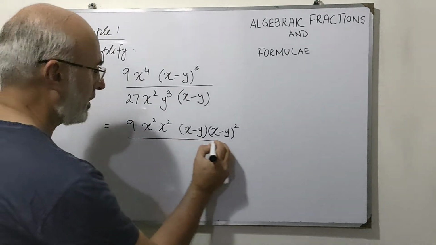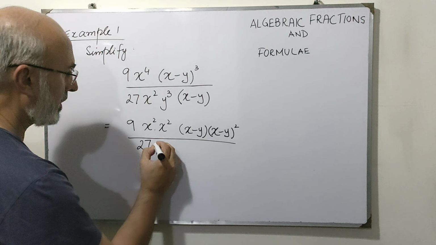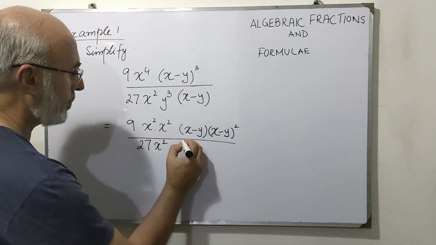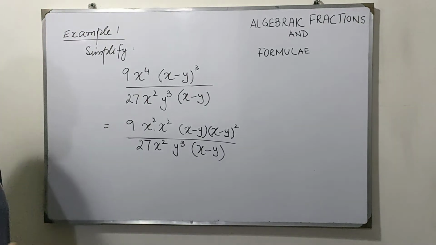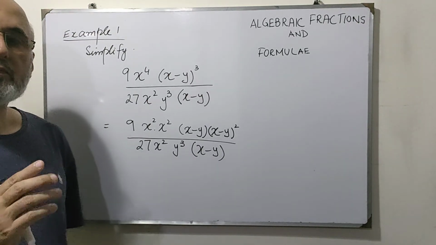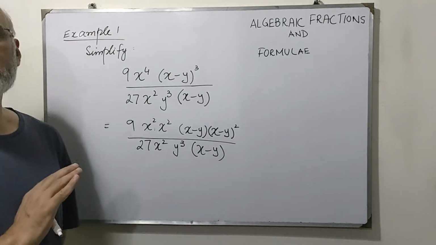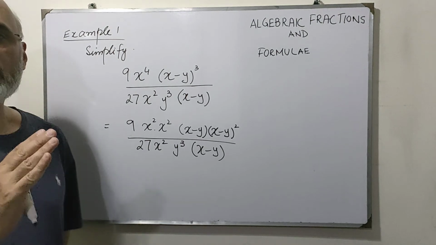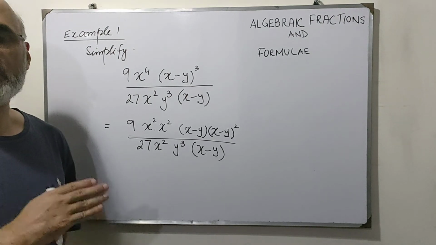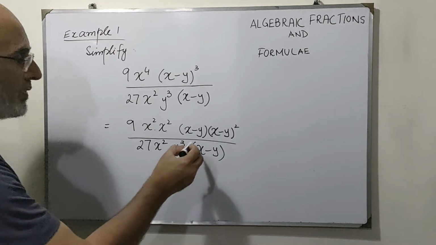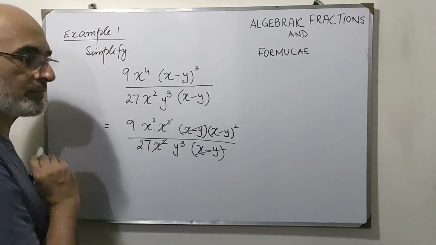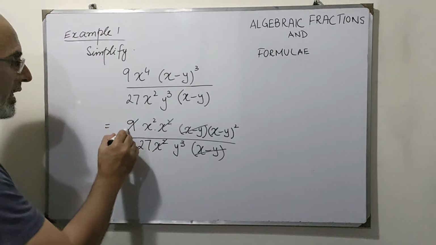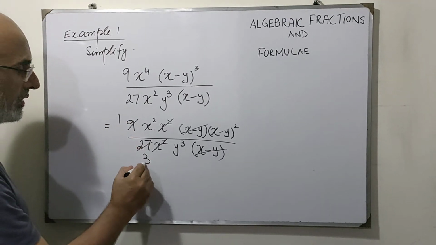Now, the denominator is x square y cube and x minus y. Now you see, with just one step, everything is clear. Now you know what you can cancel out and what you have to keep. So I'm going to cancel out this, I'm going to cancel out this. Now 9 ones are 9 and 9 threes are 9.